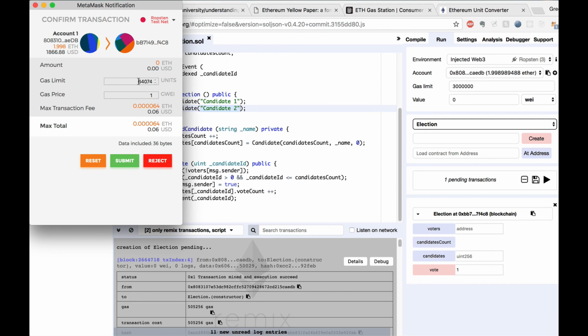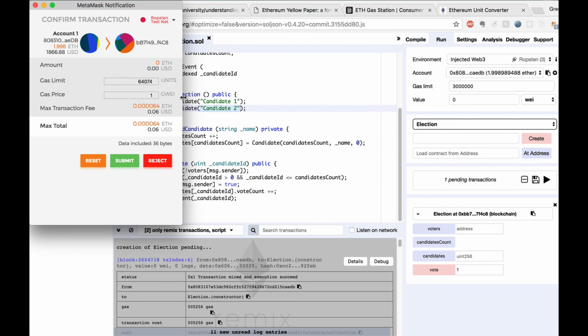Now, that being said, we can see gas as a unit here when we talk about the gas limit of this transaction. This means this is 64,074 units of gas. Multiply that by the gas price. That means the maximum transaction fee would be only 6 cents in US dollars, or 0.000064 Ethereum.